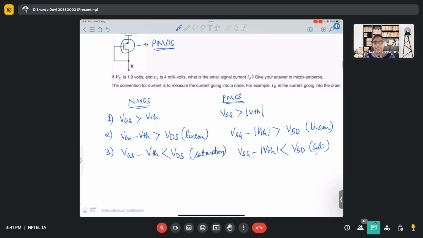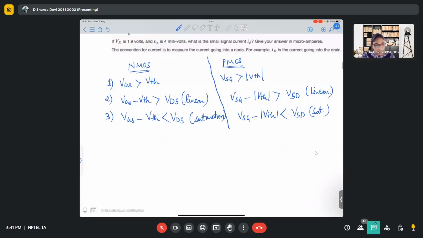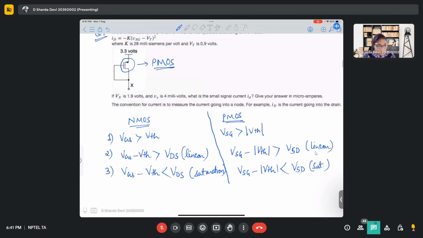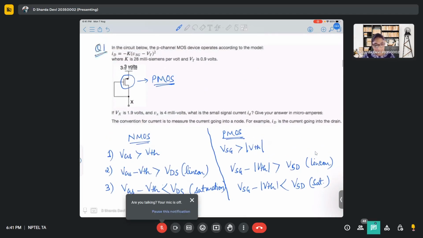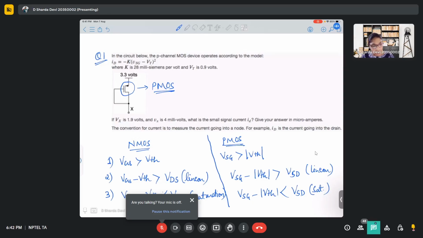So these are the conditions that we know for both NMOS and PMOS.